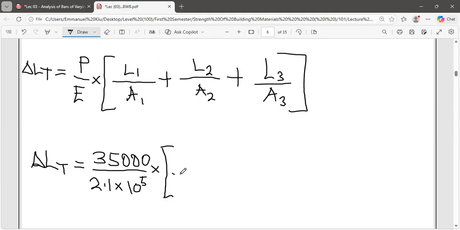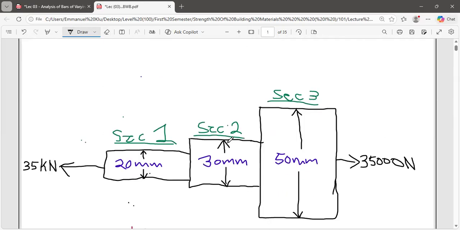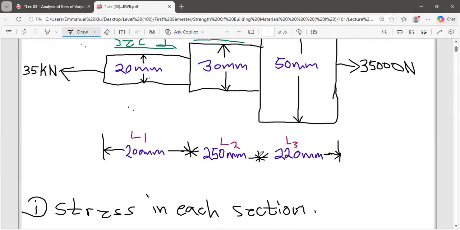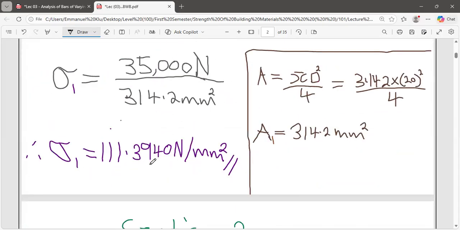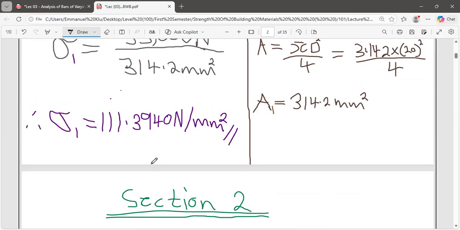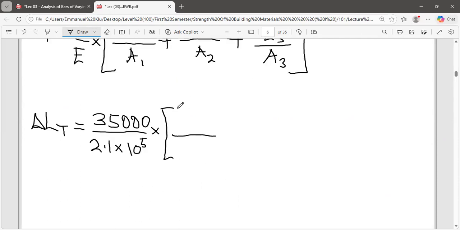So the first length, let's go back to our page one. This one was 200, the other one was 250. So the first one was 200. And the area we had for section one was what? 314.2.